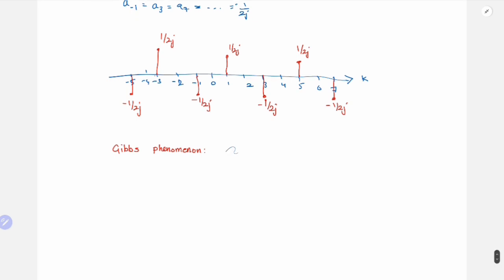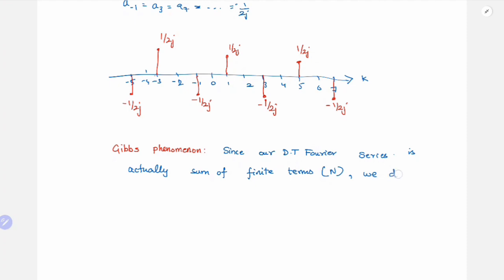But here, since our discrete time Fourier series is actually a sum of finite terms, which is n, the periodic, we don't have such convergence issues.